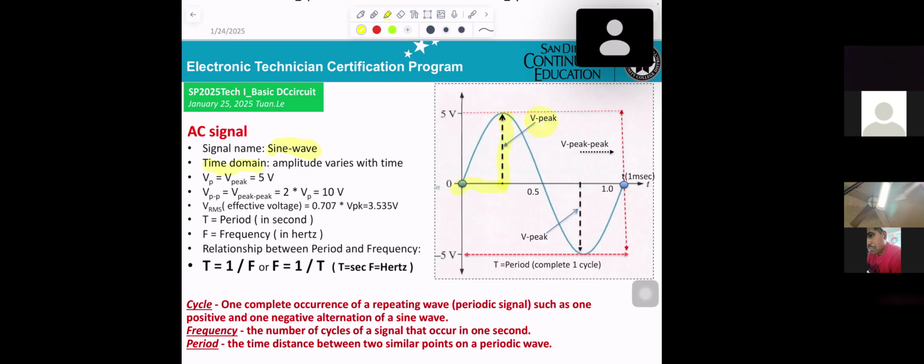Or from 0 going to the bottom, that will be the definition of the peak. Okay. And the voltage from the top to the bottom, they call V peak to peak. So in here, you can see V peak is 5 volt. V peak to peak, you know that's 2 times V peak, so it will be 10 volt.